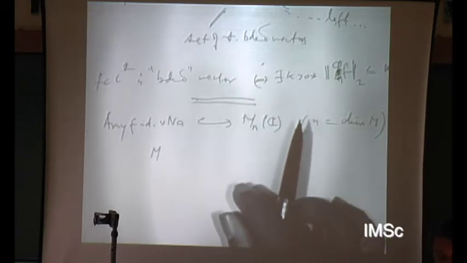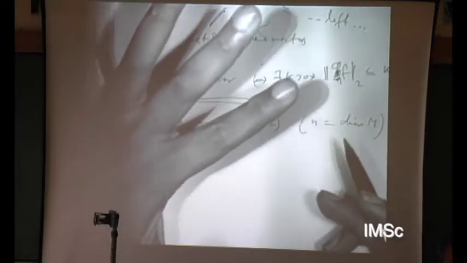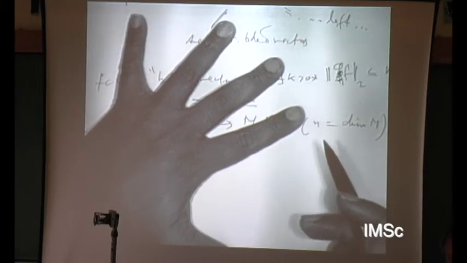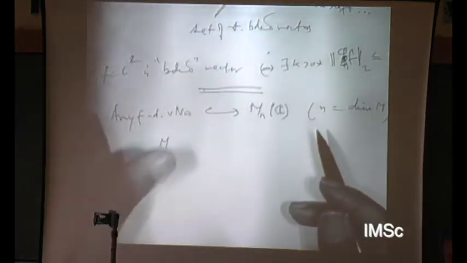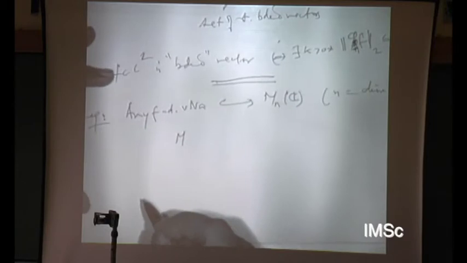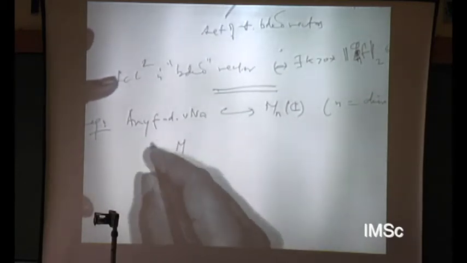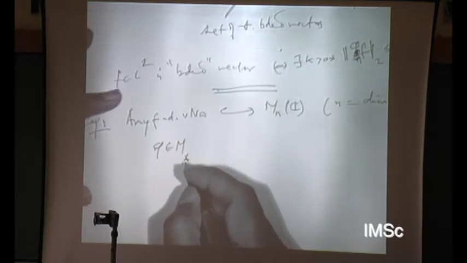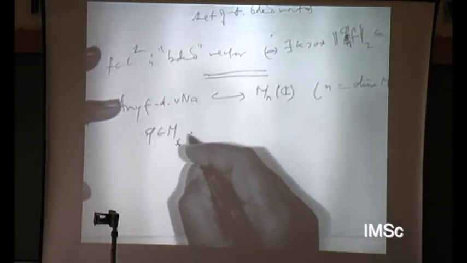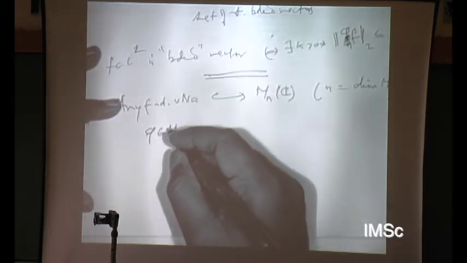Exactly as for measures, you have this decomposition. Any element of M star can be written with a Cartesian decomposition first. Okay, so suppose you take phi in M star. Then actually you can do this for any C-star algebra.